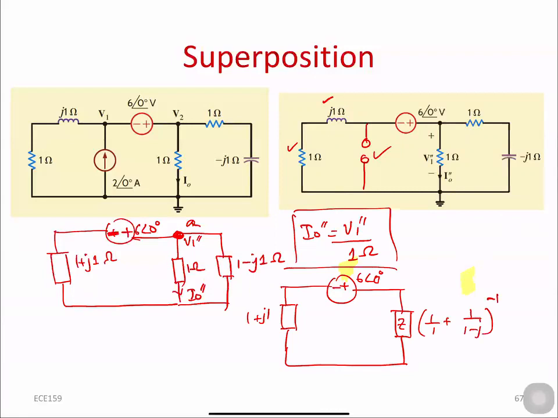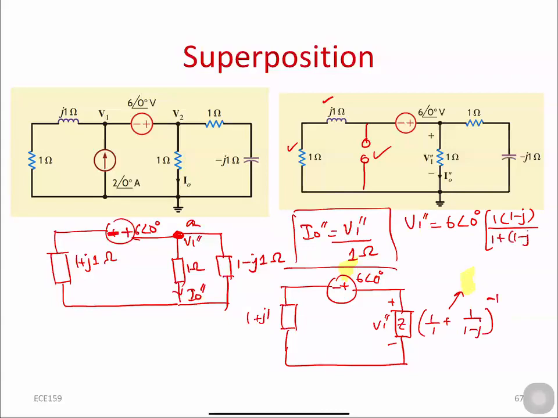And the voltage across this one is what I need to find out. The voltage is V1 double prime. And I can simply apply a voltage divider rule here and find out V1 double prime as the voltage in the circuit, and voltage divider rule, this is this impedance which I just calculated, the equivalent one.